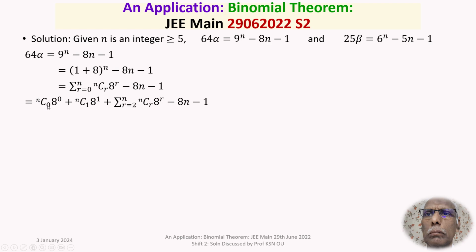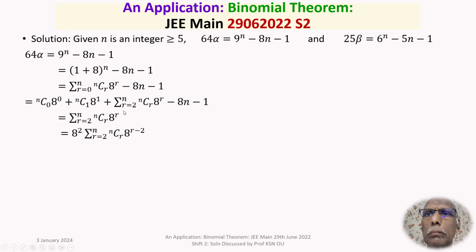Now nC0 is 1, 8 power 0 is 1, 1 minus 1 cancels. nC1 is n, so n into 8, 8n minus 8n, they cancel. So after cancellation, we are left only with the sigma, that is sigma r is equal to 2 to n, nCr 8 power r.